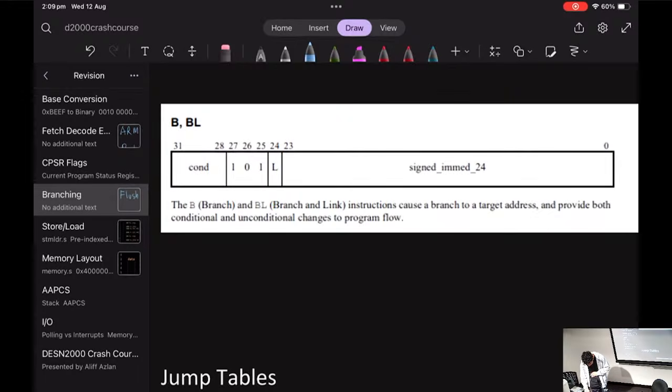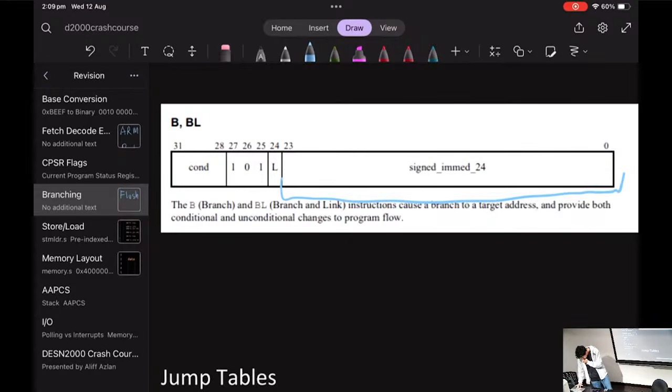Now, if you notice this large part here, we've got 23 bits to play with. The way that the branch works is it sort of jumps. It's a PC relative instruction. You can jump to a certain address based off your PC, right? So it's an offset. Now, you can see the problem with this.